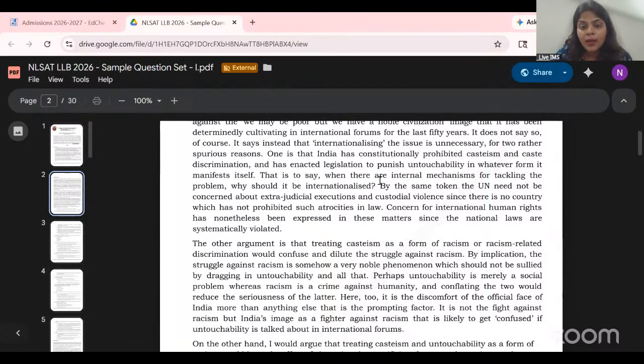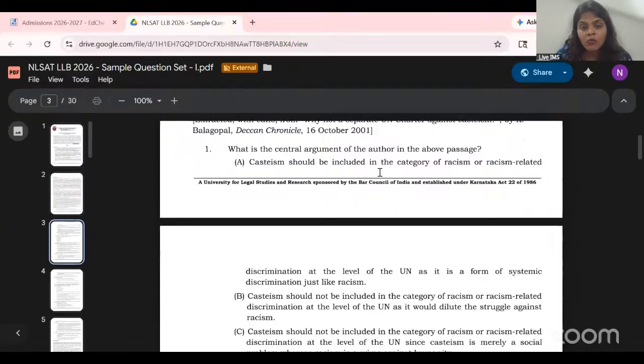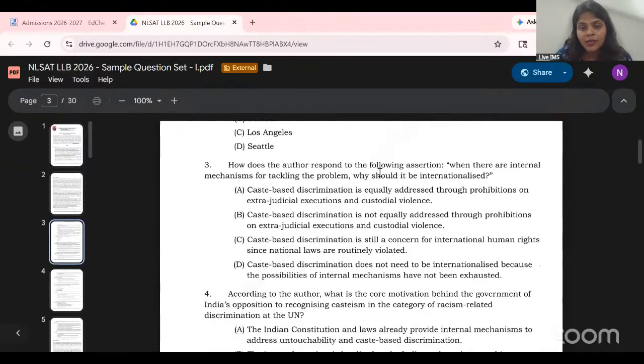When you read this part, you will be able to understand the reasons being given and the argument as well. Once I have gone back and cross-referred, I come back and see what the author is trying to respond to this assertion. The first option says caste-based discrimination is equally addressed through prohibition on extrajudicial executions and custodial violence.